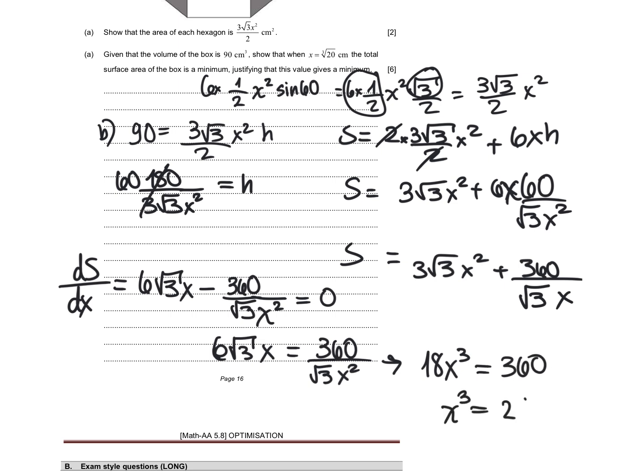We're going to have x cubed equals 20, so x is the cubed root of 20. So given the volume of the box is 90, we solve for h here. We showed that when x is this, the total surface area of the box is a minimum, justifying, of course.